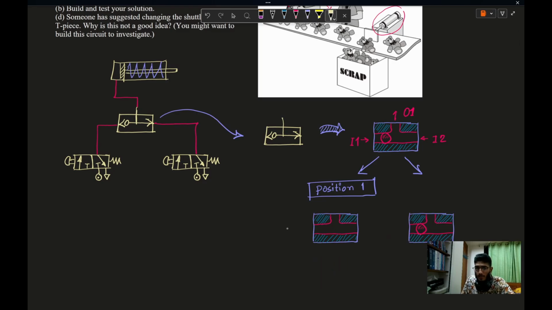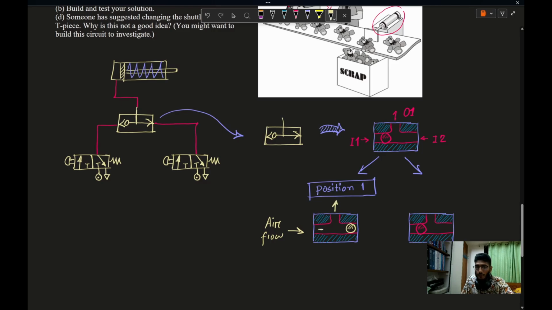In position 1, I am giving input from this side. So if I give input from this side, the ball will get stuck on the right side. Because of that, this right side will be blocked and output will come out of here.